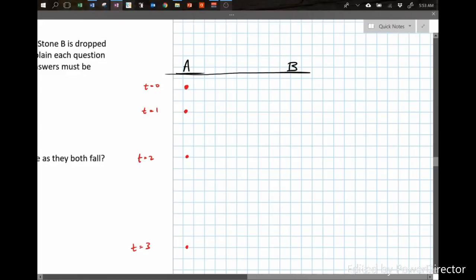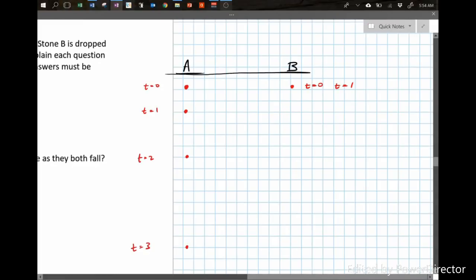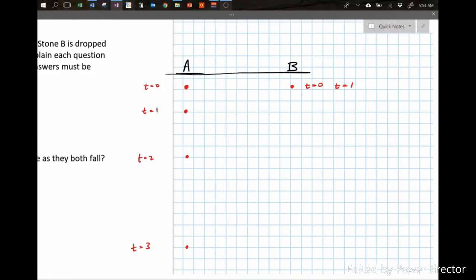Well, ball B starts off up here, but we hold ball B for an entire second before we drop it. So for ball B, it's at the starting point for time equals 0 and time equals 1. Then it begins to fall. Now, when things fall, all of their y information is identical.